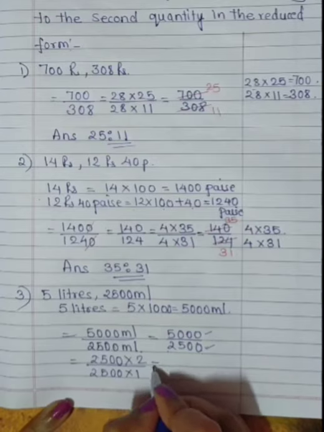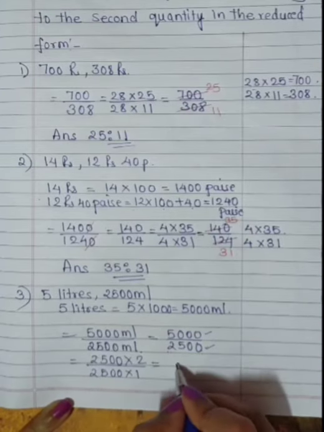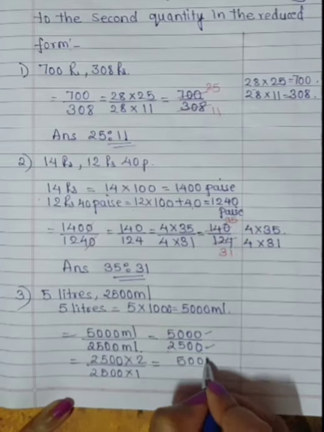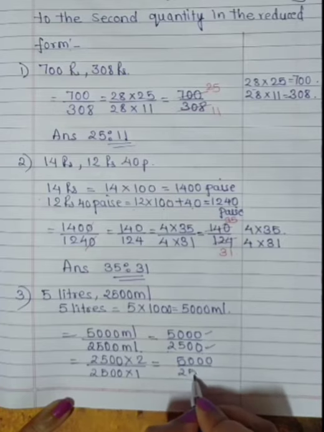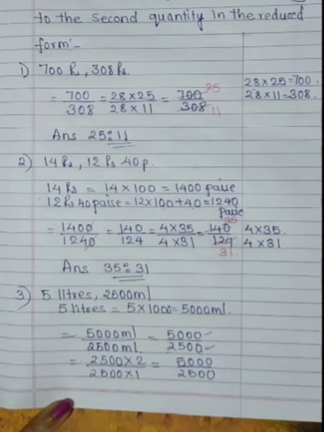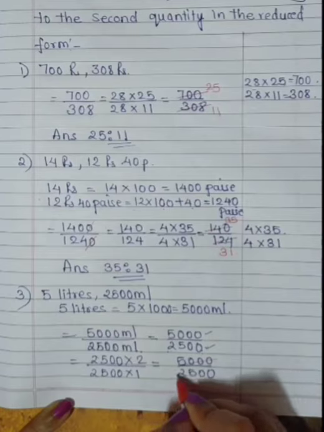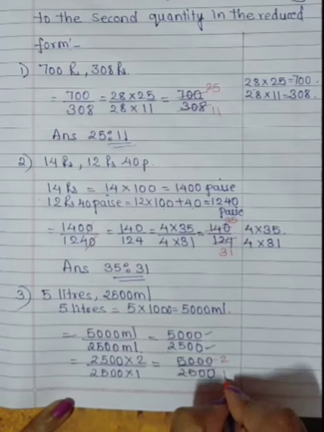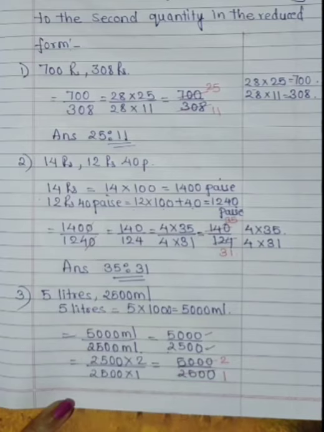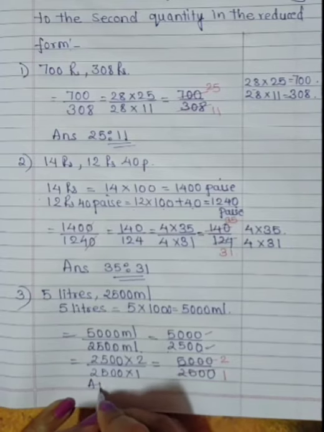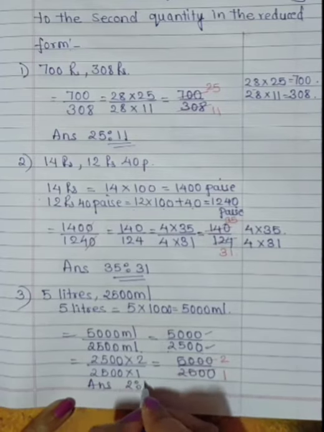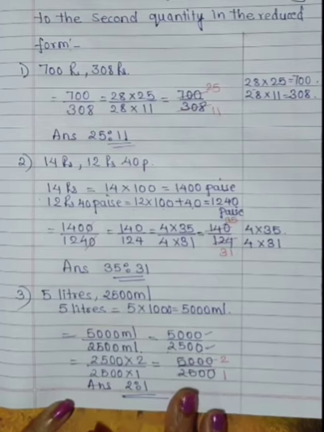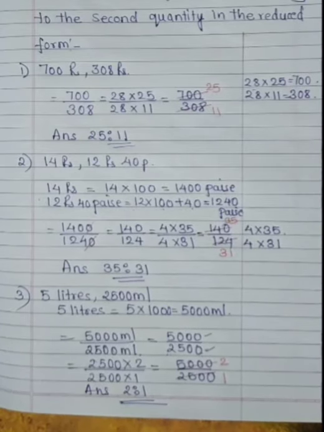So here directly I am showing you 5000 upon 2500, directly multiply, then we will get 2s and 1s. So I am writing here answer. Our answer is 2:1.